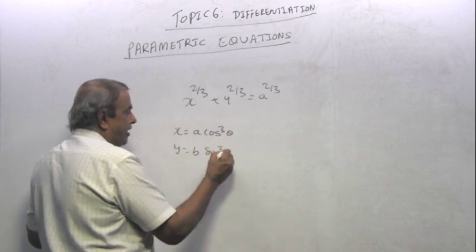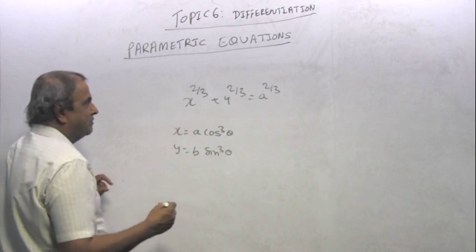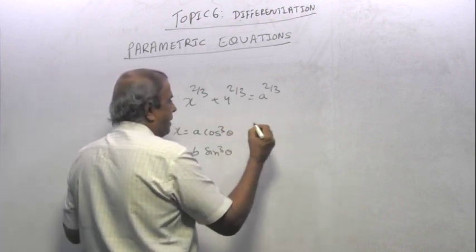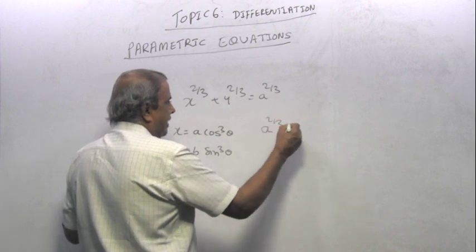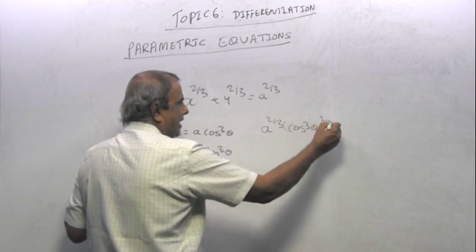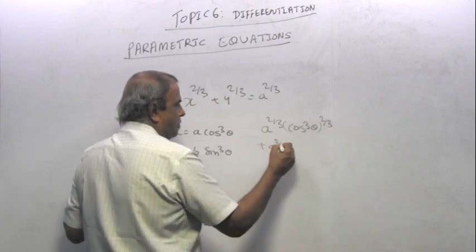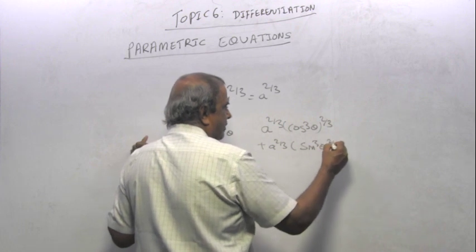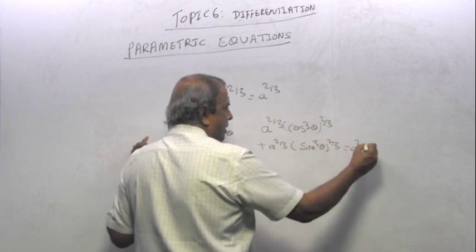b sin cube theta, let's see what will happen. So this will become a power 2 over 3 cos cube theta power 2 over 3 plus a power 2 over 3 sin cube theta power 2 over 3 equals a power 2 over 3.